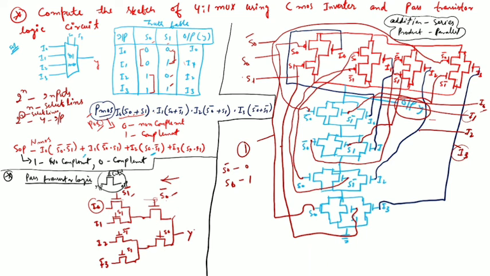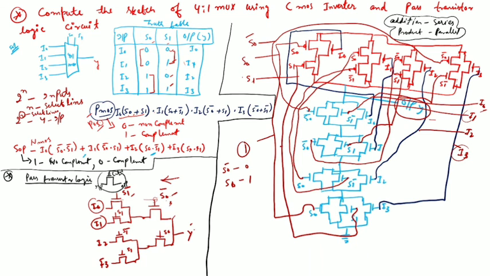Similarly, when S0 remains the same, S0 complement, and S1 changes to logic 1, meaning S1 not complement, only S1, then it detects I1 at the output.